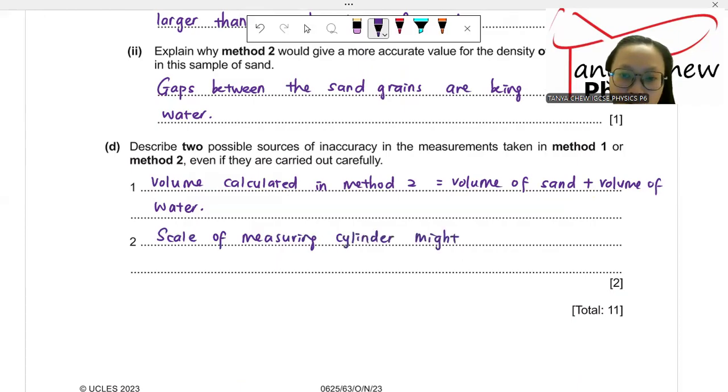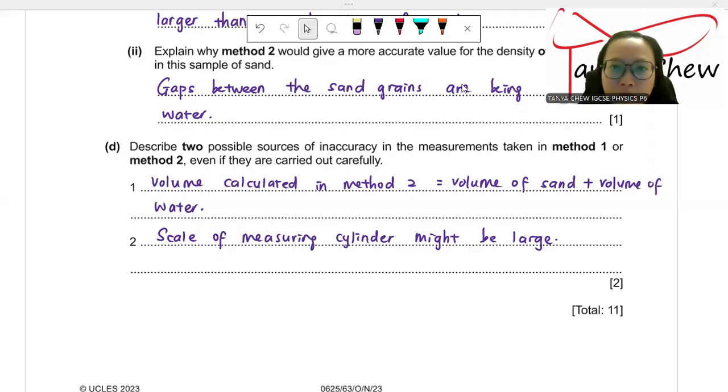Or you could also say that, due to the sand particles having no fixed shapes, it is very hard to make the surface of the sand flat. I'll just put a different color here. This is another source of inaccuracy.